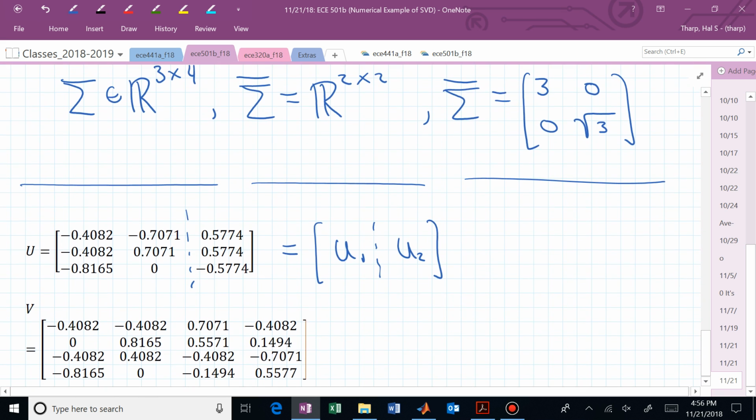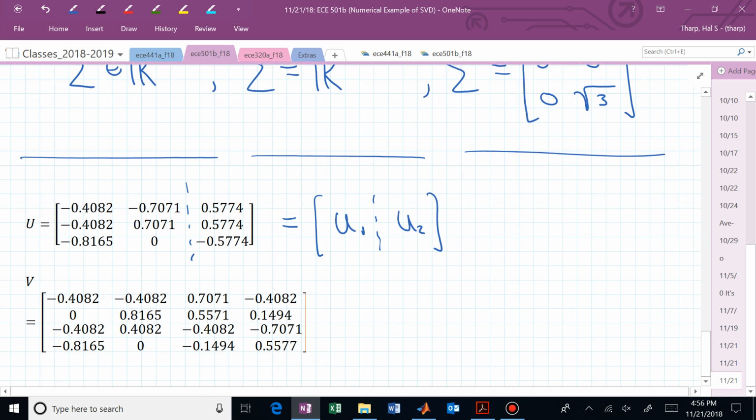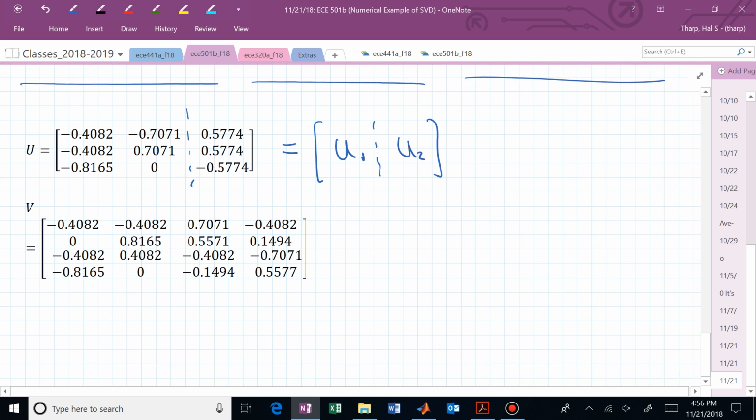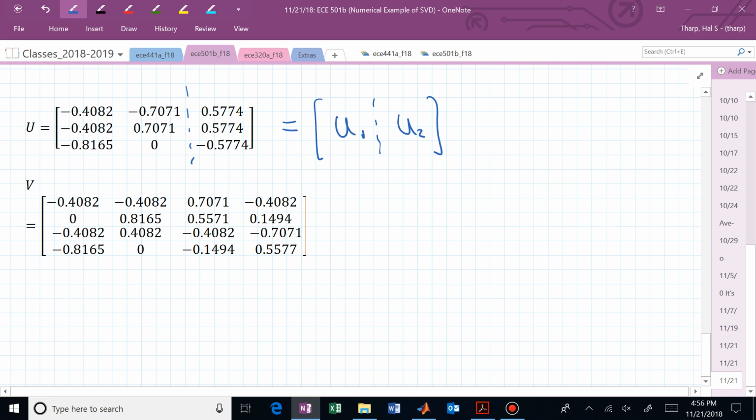The remaining vector, in this case we just have 1, we will call U sub 2. And now we can find what those look like in terms of their dimensions. U1 has 3 rows and 2 columns, and that's compatible with how sigma, the rectangular matrix, is partitioned. U sub 2 has 3 rows and 1 column.